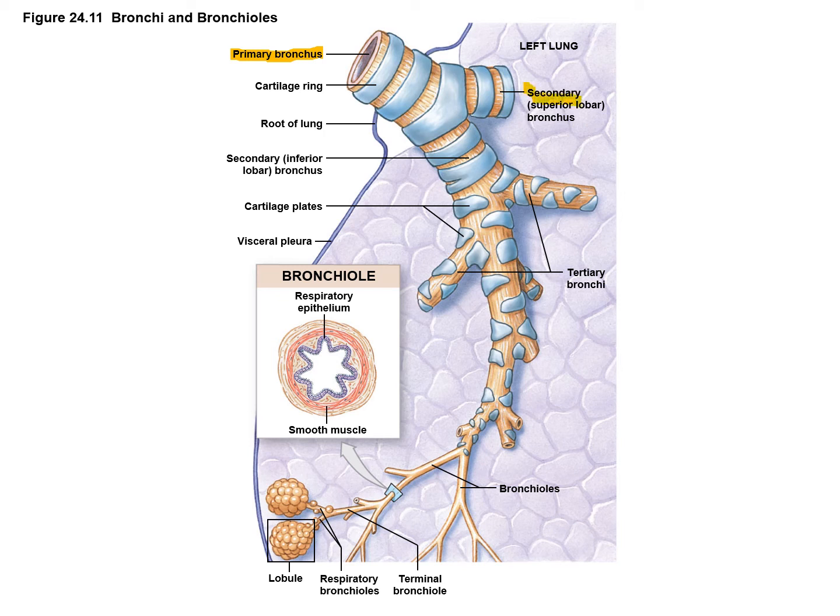From there, it will then split again into the tertiary bronchi that we can see here. The tertiary bronchi, and above, would have cartilage plates. This is to make sure that it maintains its shape during breathing, because otherwise it's not strong enough to actually support itself. It's going to need these extra cartilage rings in order to create structural support.